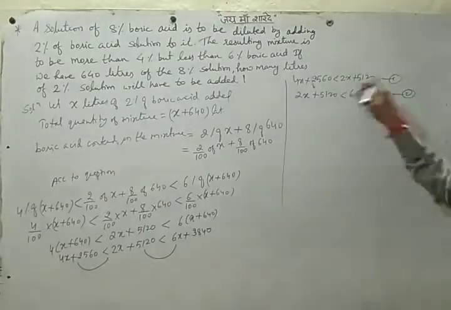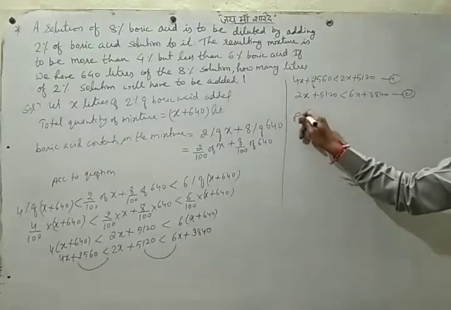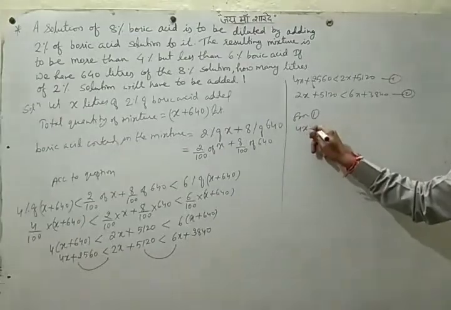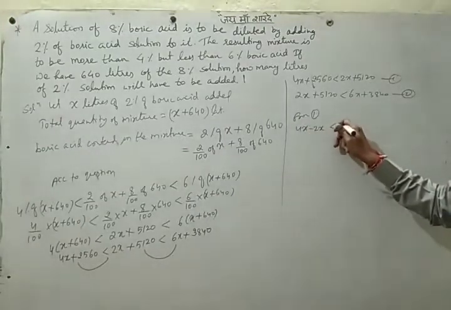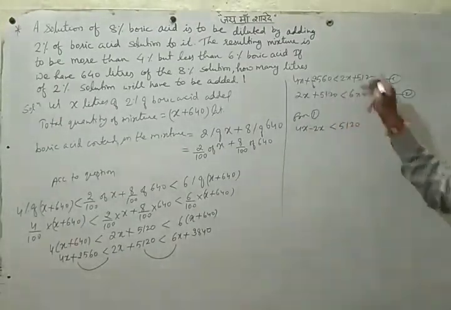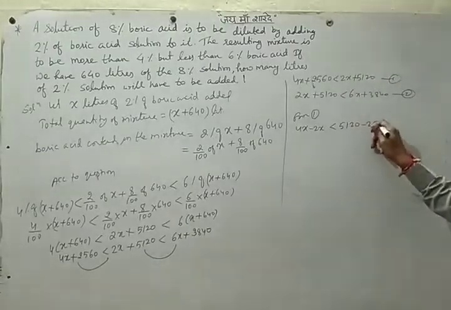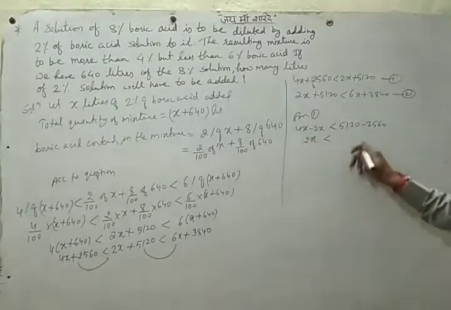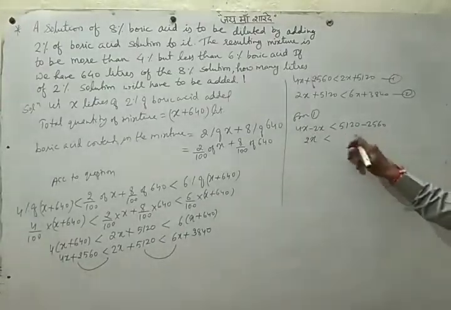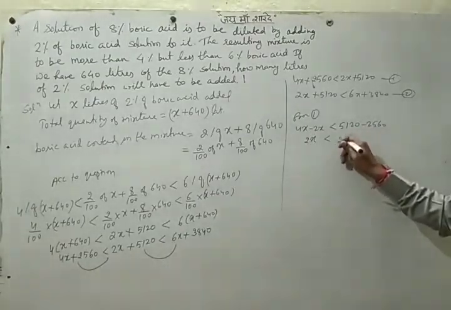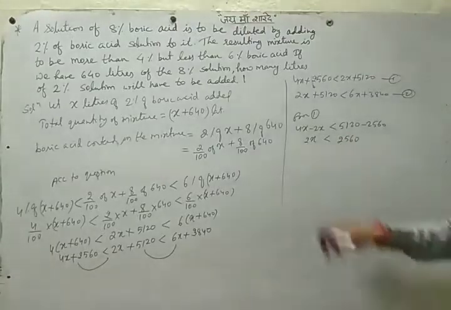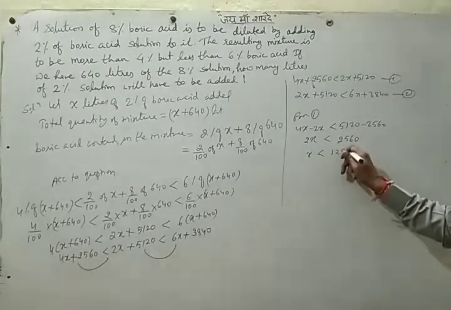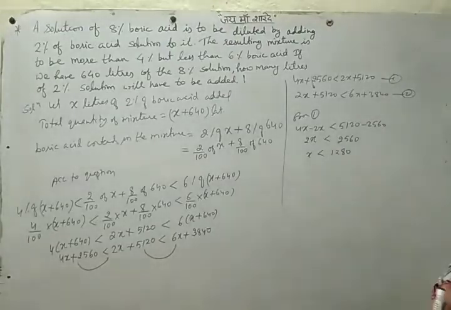Okay, now we can simplify this. So from first, transposing 2x, you get 4x minus 2x is less than 5120 and transposing 2560, so you get here 2x is less than 5120 minus 2560. It's double, right? So you get 2560. So x is less than 1280.